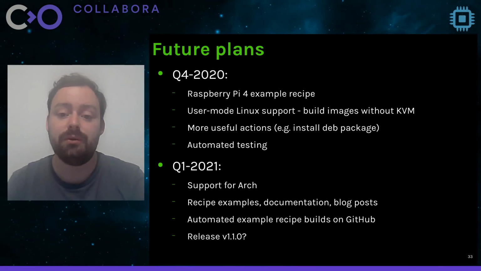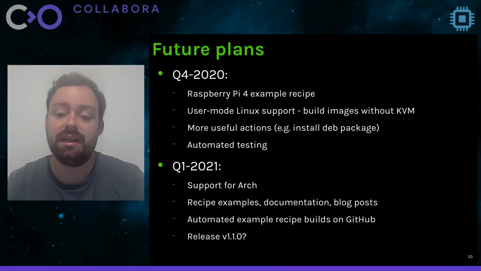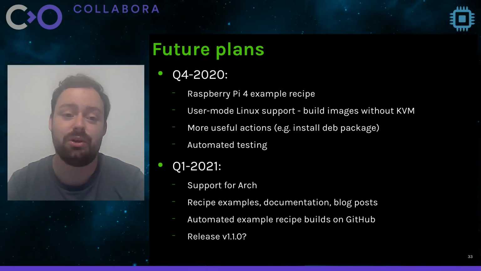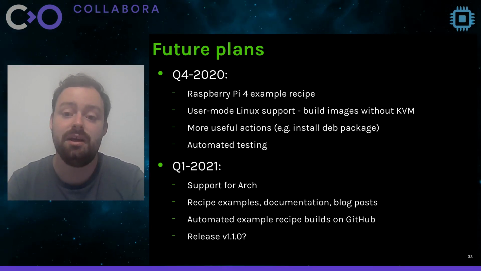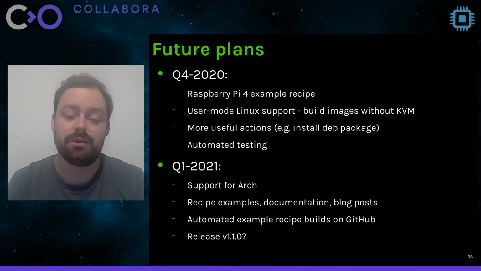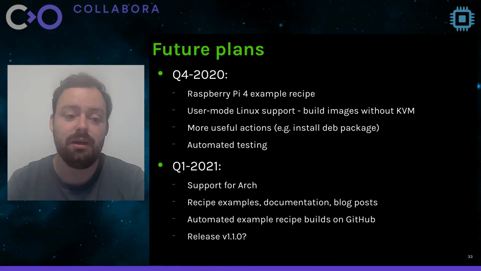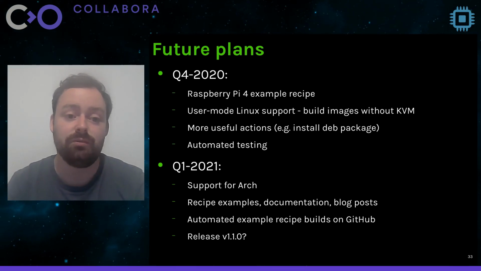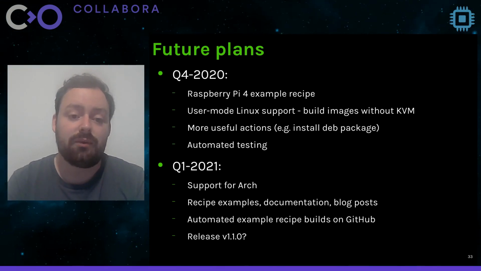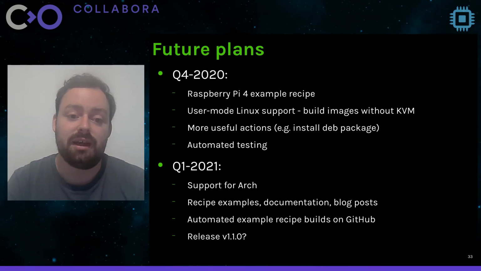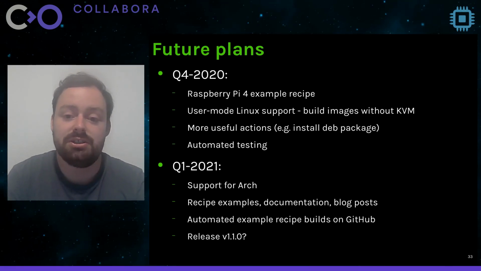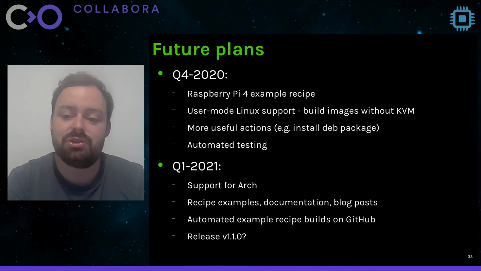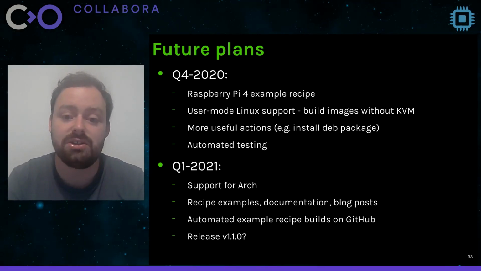So you can build images inside things like GitHub Actions or inside cloud workers which don't have access to KVM. This is quite useful because by default most cloud providers don't allow you to run nested virtualization. We want to have some more useful actions, so you want to be able to install a Debian package from a file, for instance.